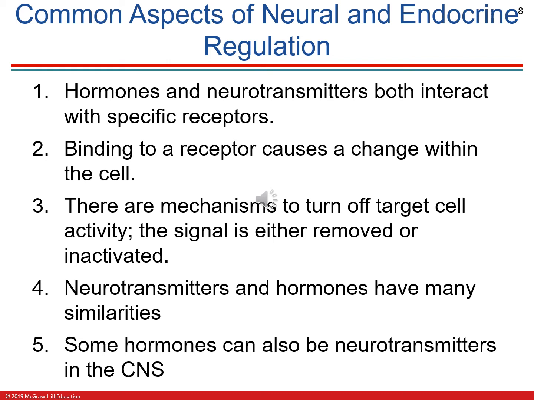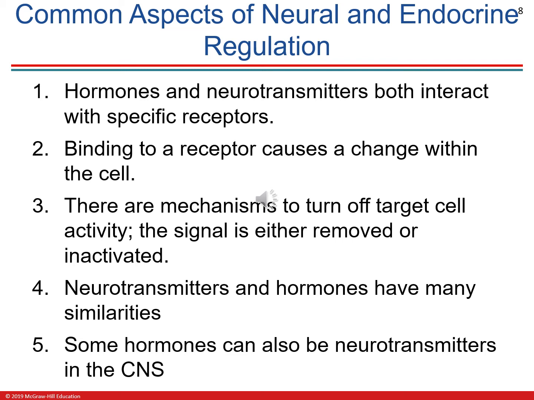The hormones are always looking for the target cells and the specific receptor for those. Binding with this receptor causes a change within the target cell. And there are mechanisms to turn off the target cell activity, meaning inhibit or activate. Also, neurotransmitters and hormones have many similarities, but differences as well.